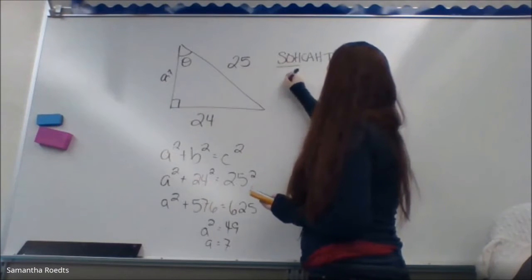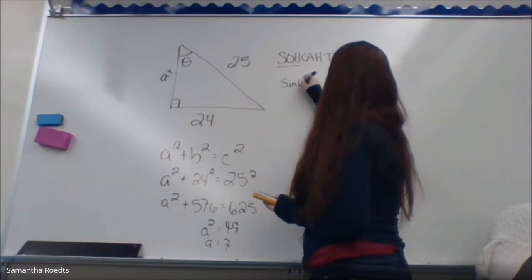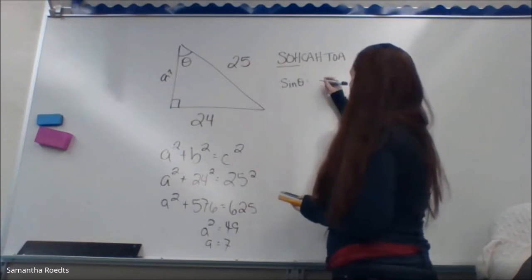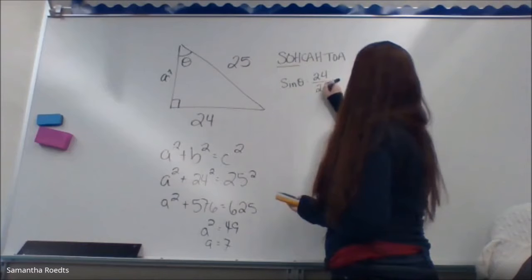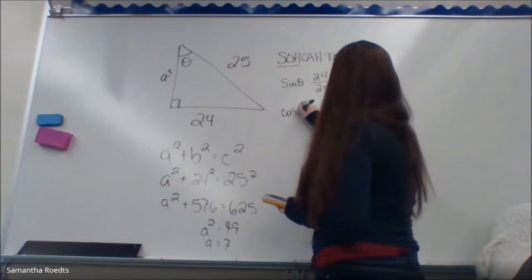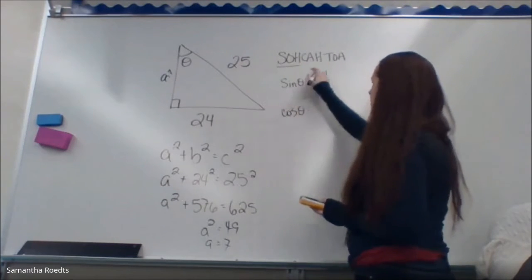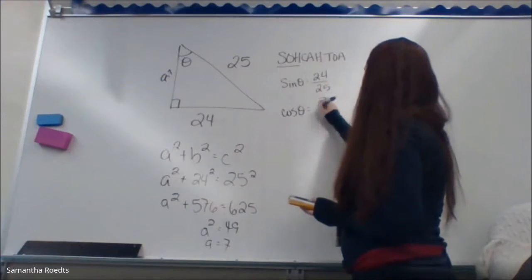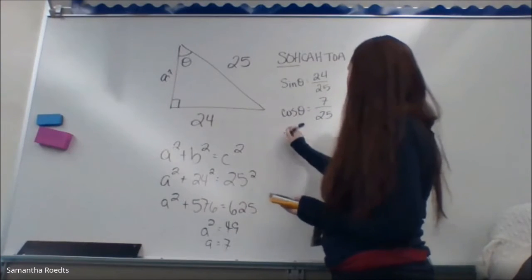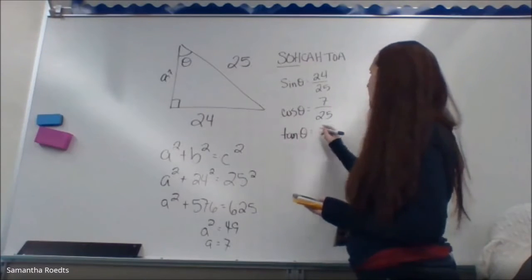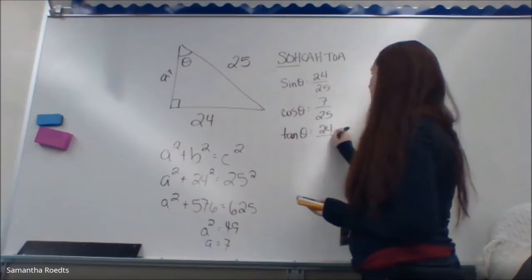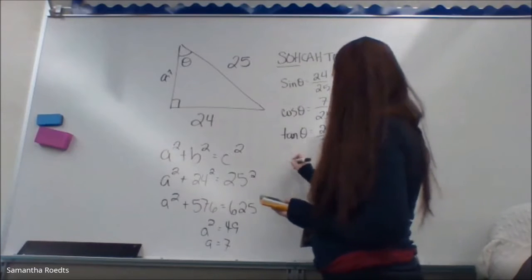So then I have SOHCAHTOA. So sine equals my opposite over my hypotenuse. My cosine equals my adjacent over my hypotenuse. My tangent equals my opposite over my adjacent.